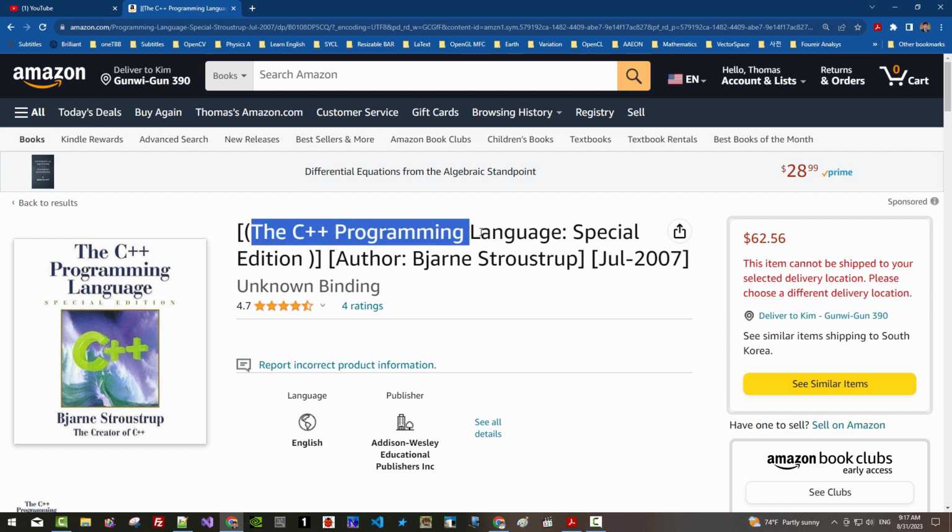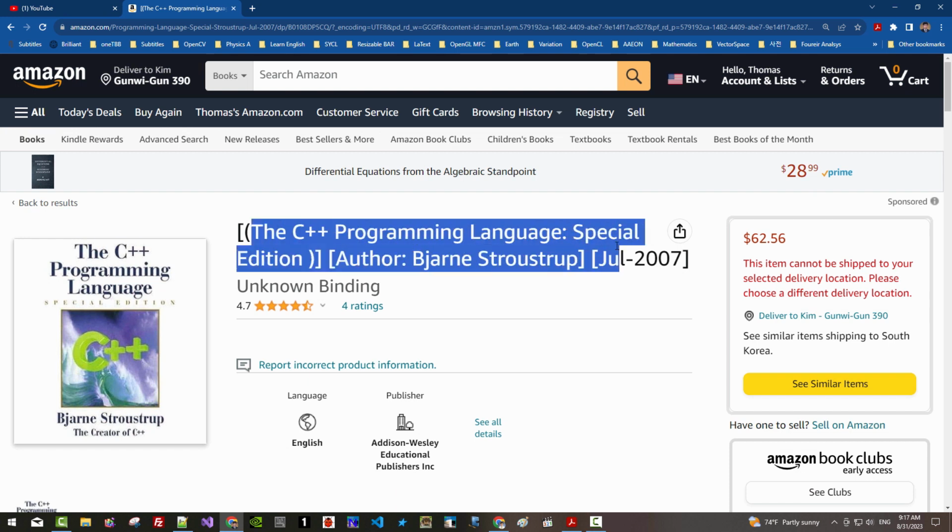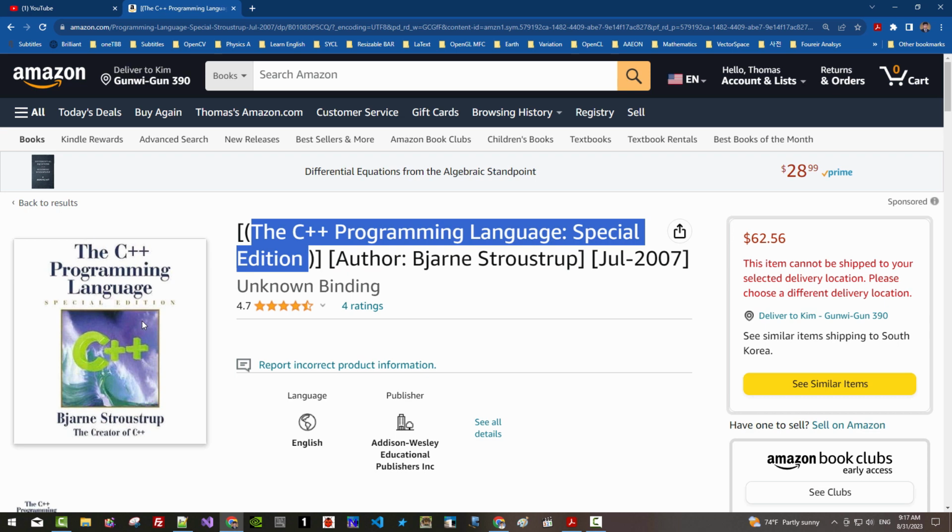The C++ Programming Language, Special Edition. This is actually the third edition of the famous book, The C++ Programming Language by Bjarne Stroustrup. I read this book around 2003. Before I read this book, I was already familiar with the C++ language, but still, it took me almost 6 full months to completely understand this book.